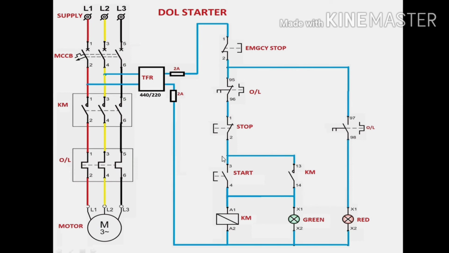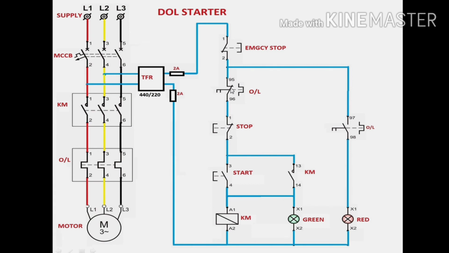In case we want to stop, we press this stop button, then the supply will cut off. The coil will de-energize and its contacts will open. Therefore the motor stops. In case of any overload, this normally closed overload relay contact will open and the supply to the coil will cut off.